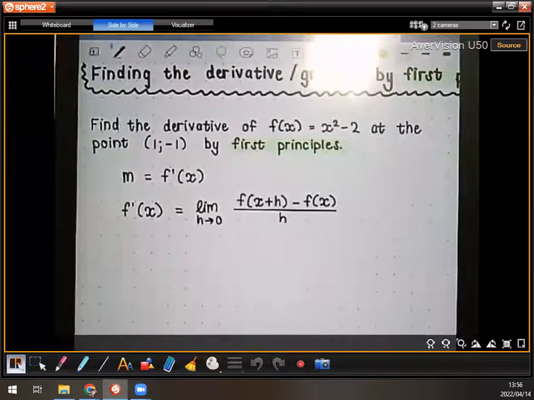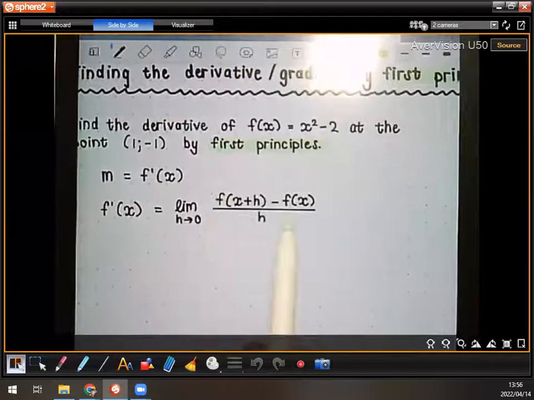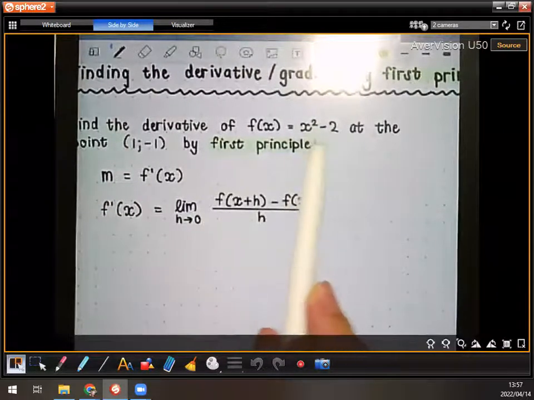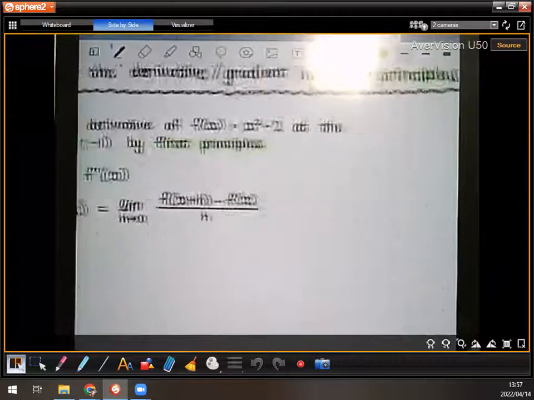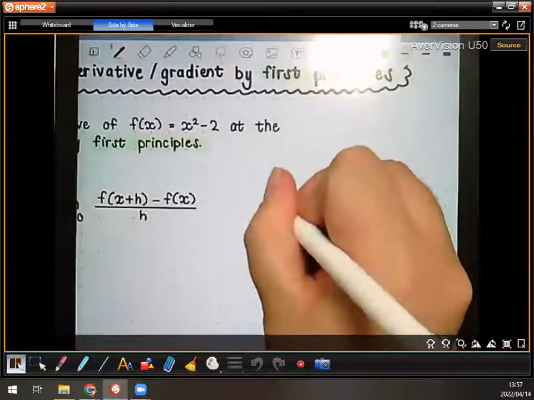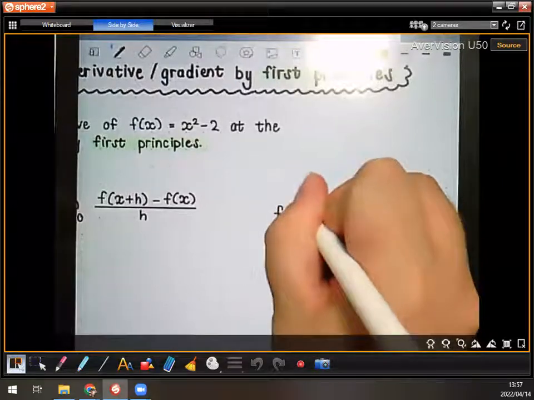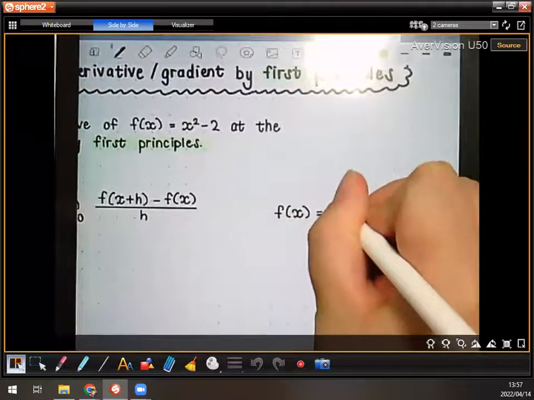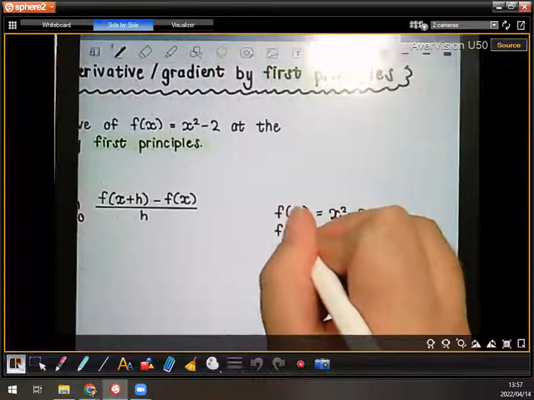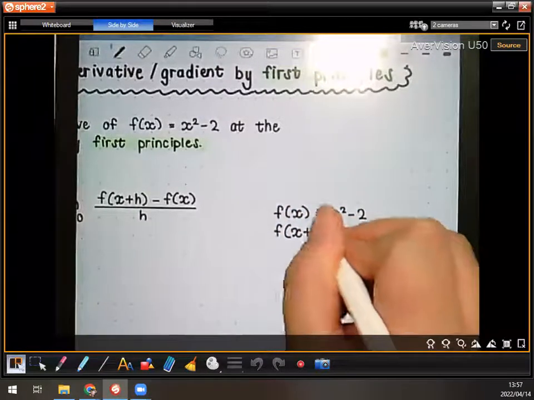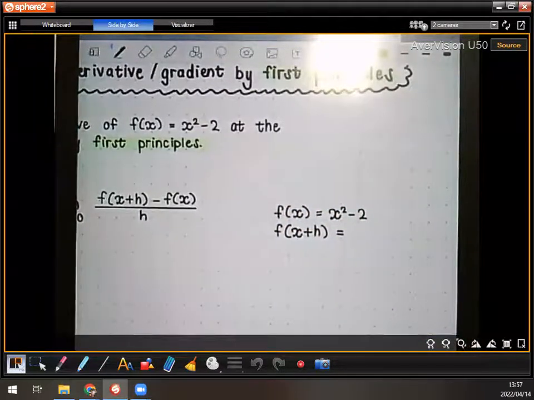Now guys, on the side, I would suggest that you calculate your f of x plus h. If we're looking at this formula, I need to sub into the formula f of x, which is x squared minus 2, but also f of x plus h. So I'm going to write that on the side. f of x is x squared minus 2, and f of x plus h is what you have to calculate in order to sub it into the formula.